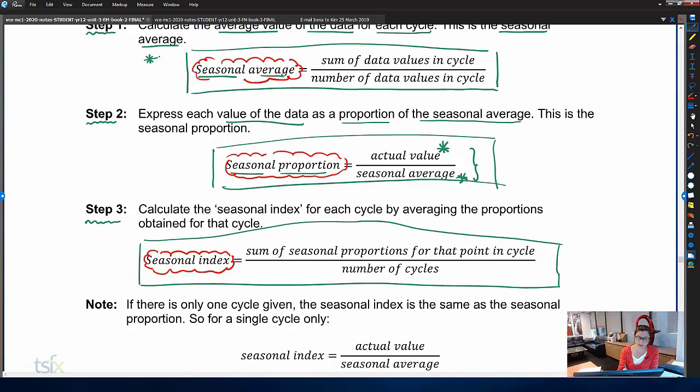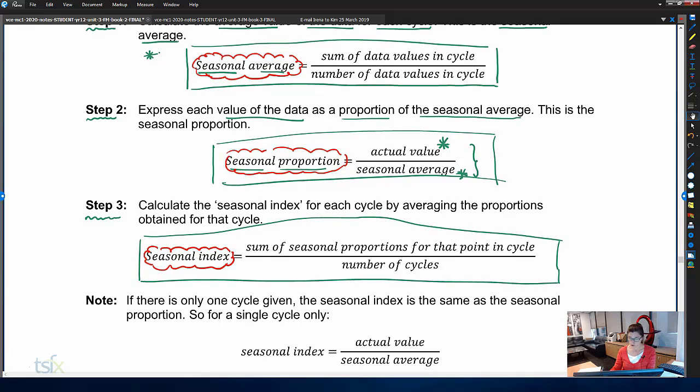So we need to make sure we're clear on what each of these 3 different values actually mean and how to calculate them, because for all 3 of them, there's a different formula. So you've got to make sure you're applying the right formula for each of these.